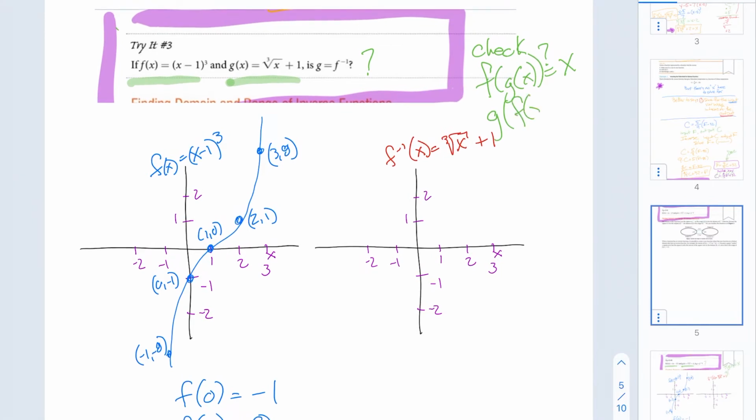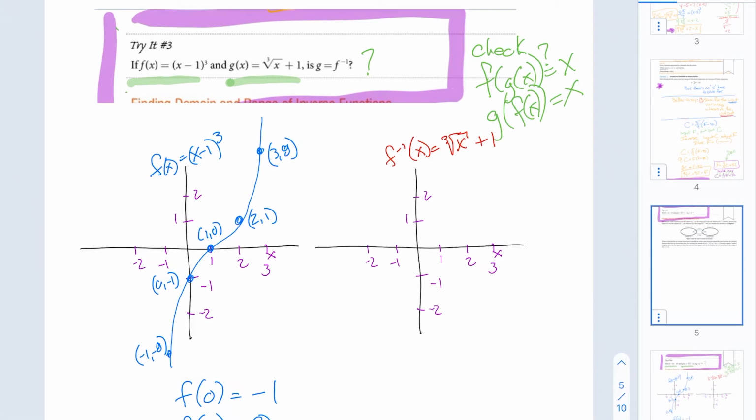If you start with f and then do g, you should get back to where you started. So if you compose, it's like changing Celsius to Fahrenheit, then Fahrenheit back to Celsius, or Fahrenheit to Celsius, then Celsius back to Fahrenheit. Either order of those operations gets back to where you started. You can double check that, just plug those in and check.